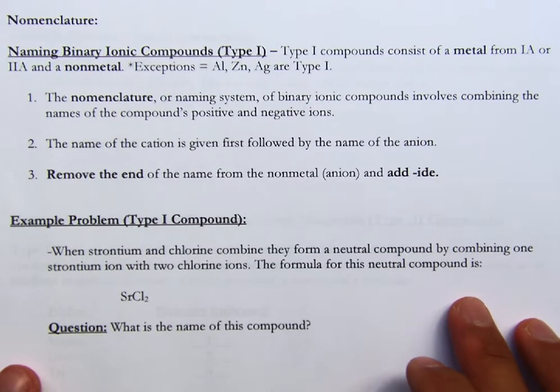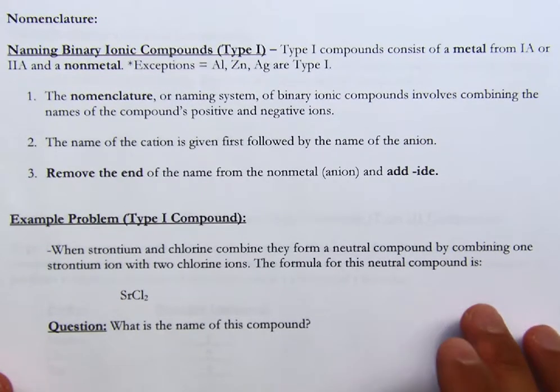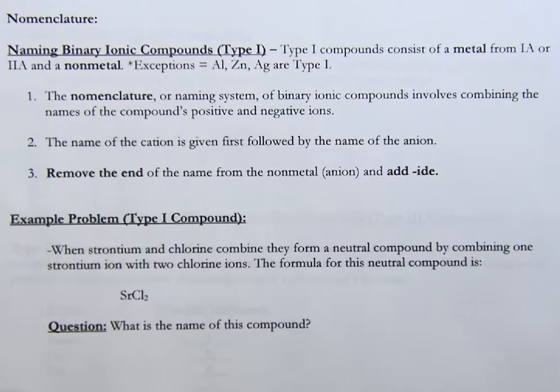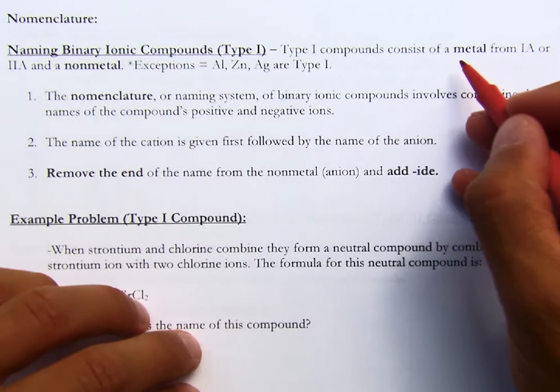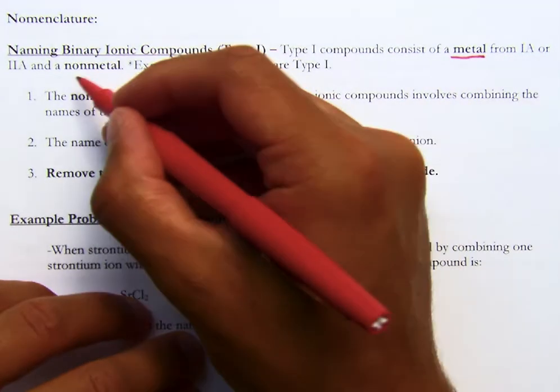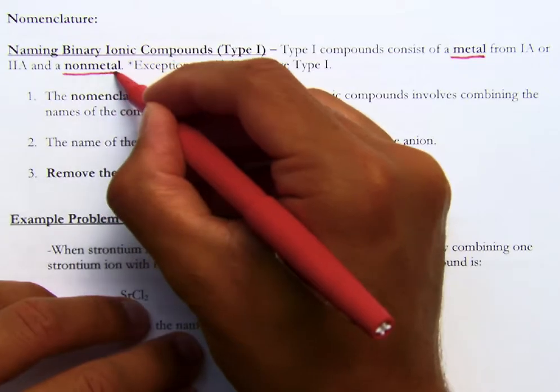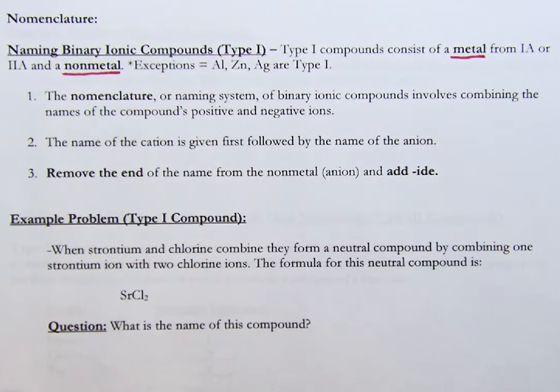This is our first type. We're going to have 3 types of compounds: type 1, type 2, and type 3. Type 1 is an ionic compound, which means a metal and a nonmetal. Now, the metals make up about 75% of the periodic table.